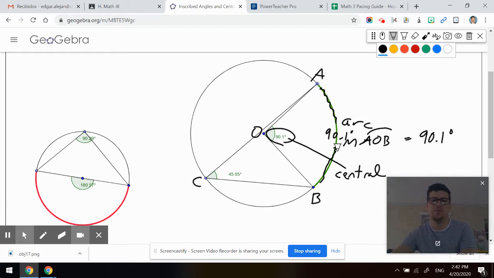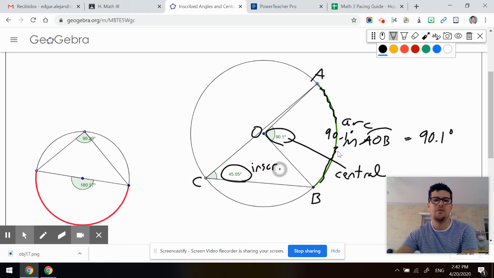That's a central angle, while this one over here we call an inscribed angle. Now you might think these notes are a little too sudden, but it's actually rather simple. A central angle is equal in measure to its intercepted arc. So if this is a 90-degree angle, then the arc measures 90 degrees.